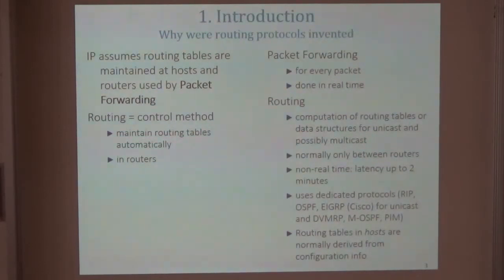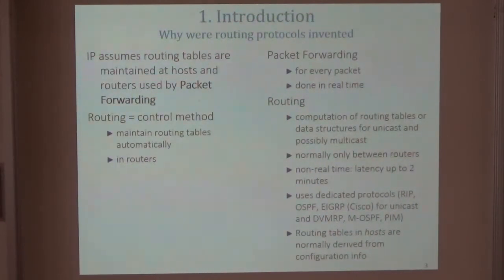So routing is not a real-time function. By real-time, I mean at the time scale of a packet. When a router receives a packet, its job is to get rid of it by forwarding it to the correct output as soon as possible. That's the real-time operation of a router. Routing doesn't have the same urgency. Routing is about modifying the tables when there's a change in the network.